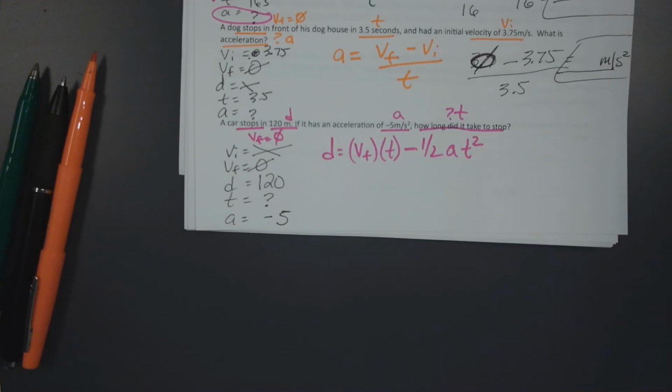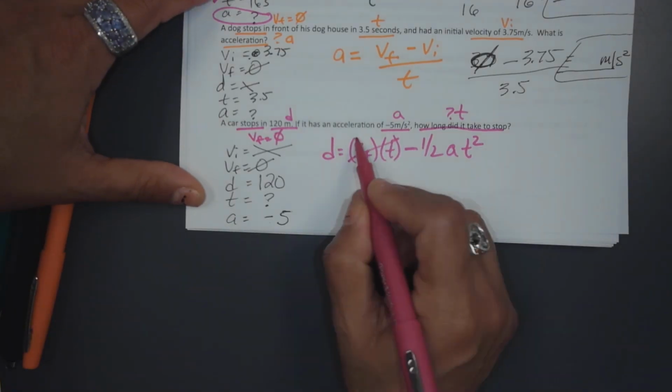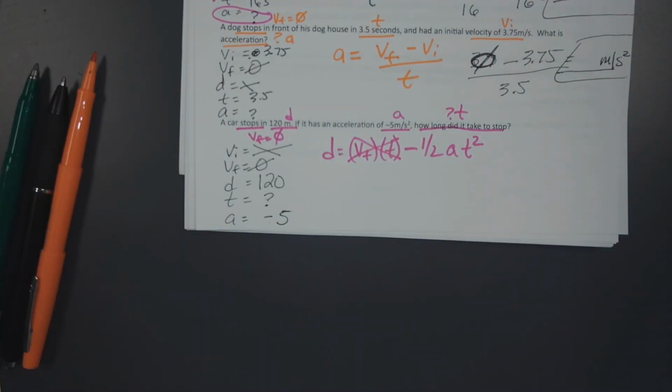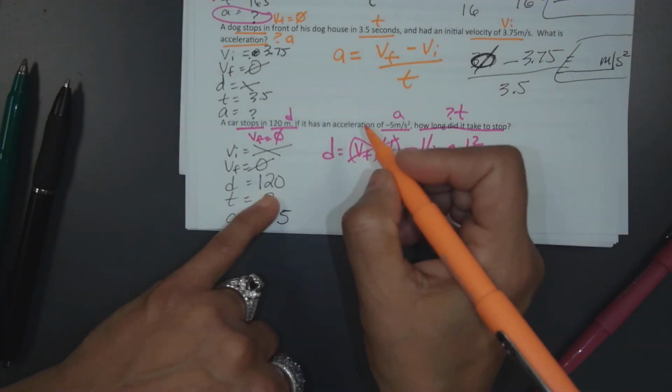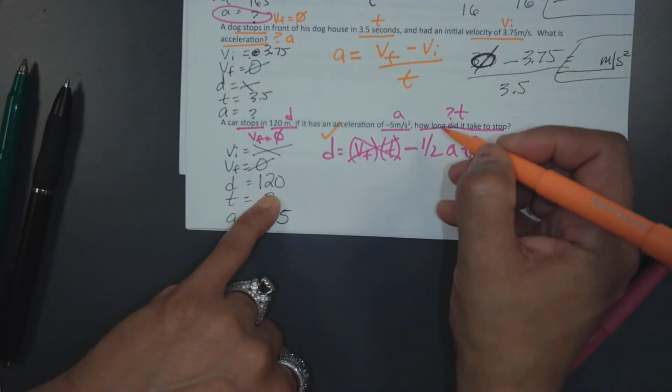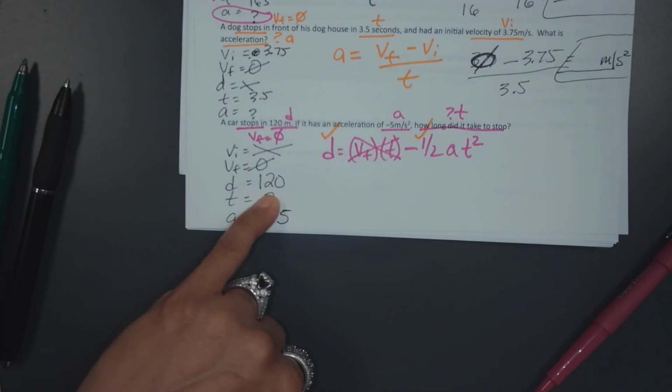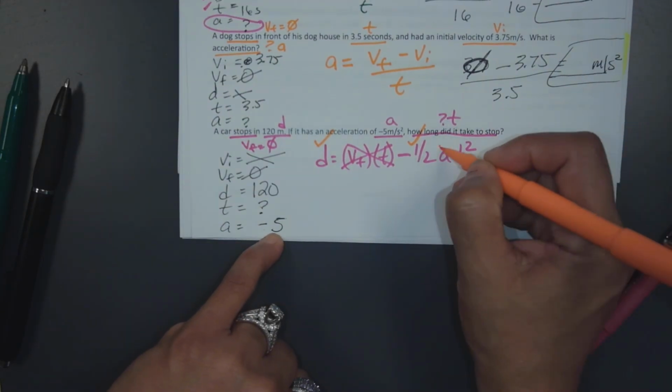The great thing about this one is that VF, yes, was given to us, but VF is a 0. So to be honest, I can just cancel that part out, but I cannot cancel out the negative. Let me double check before I go any further. D, yes, I have it. 1/2, yes, that's a 0.5. A, yes, I have it.